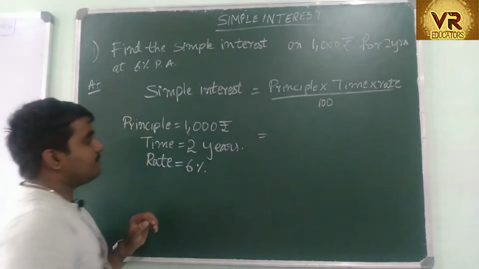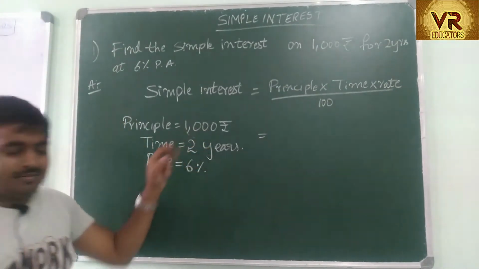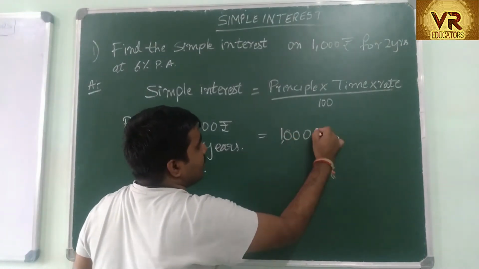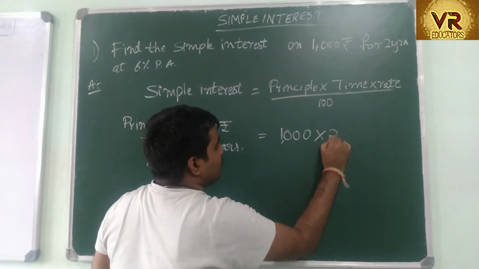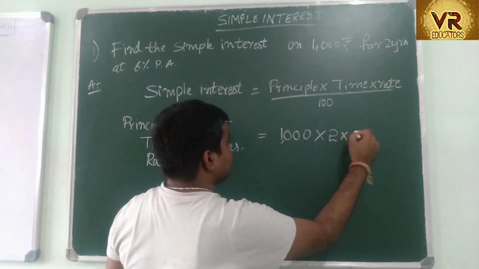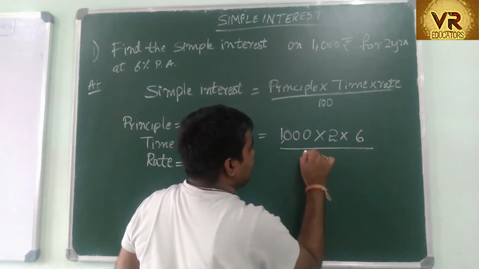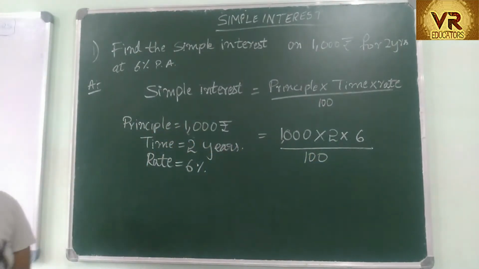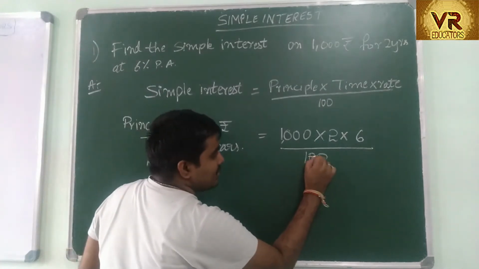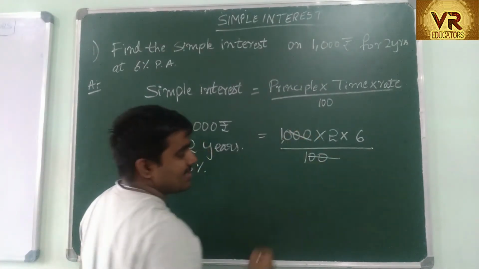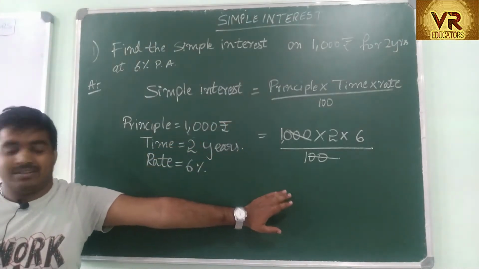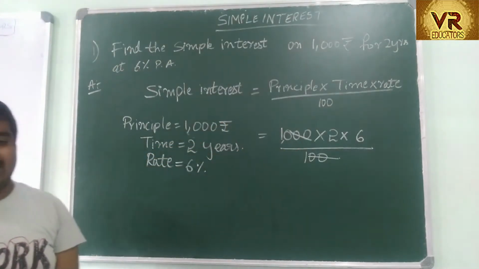So principal, what is the amount? 1000 rupees. Time 2 years. Rate 6 divided by 100. Now these two zeros will get cancelled, numerator against denominator.